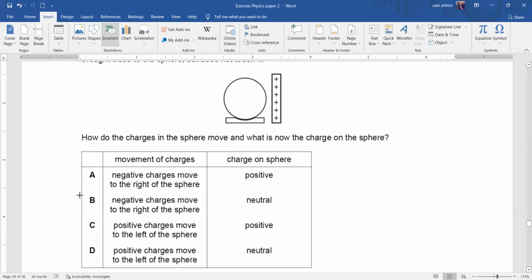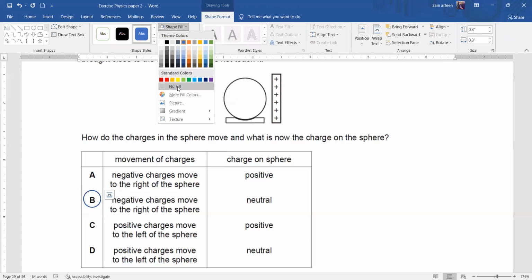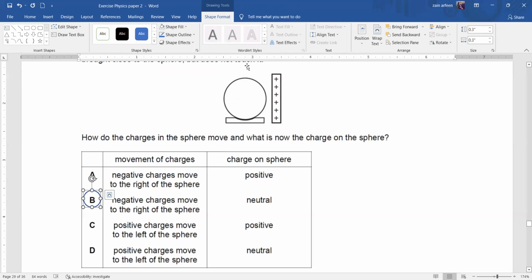So the negative charge moves towards the right hand side, but the sphere remains overall neutral. So the correct answer for this one is B.